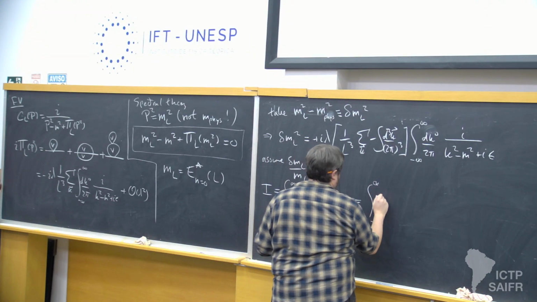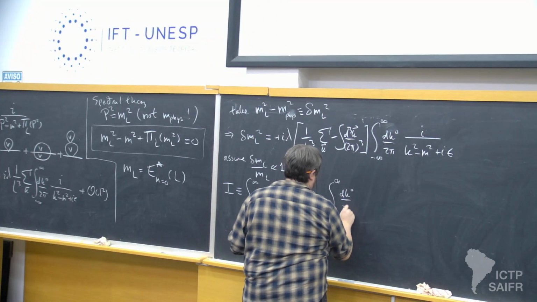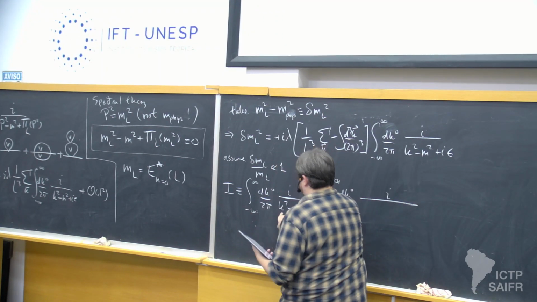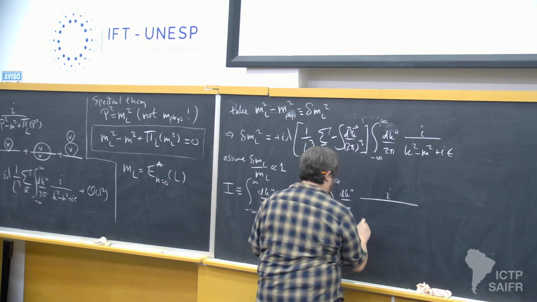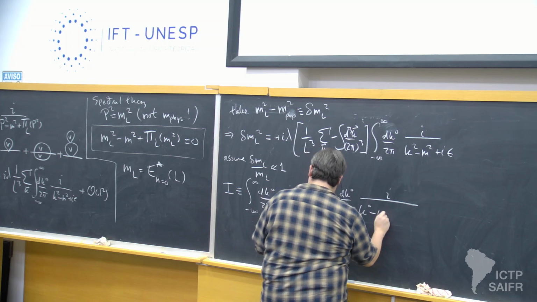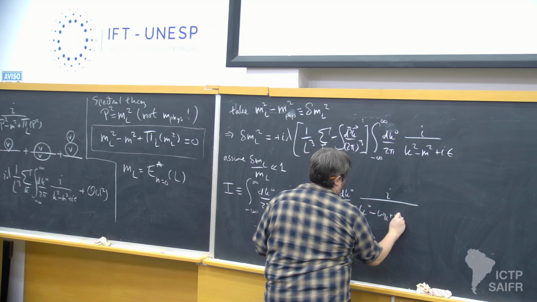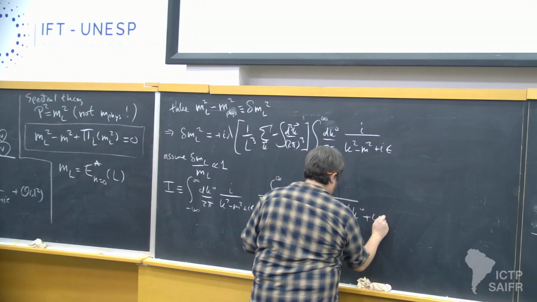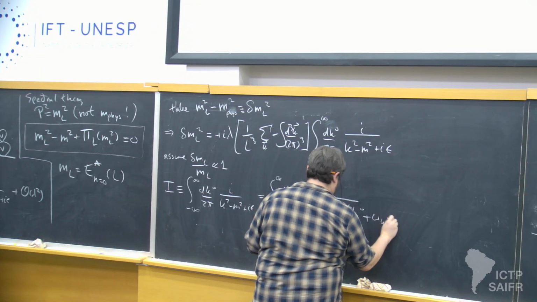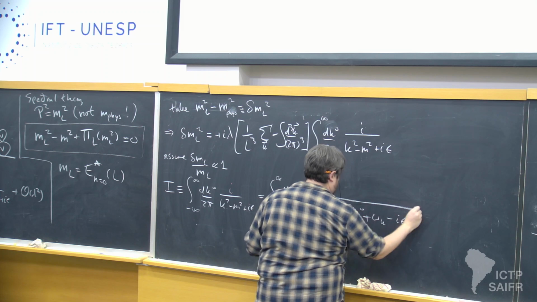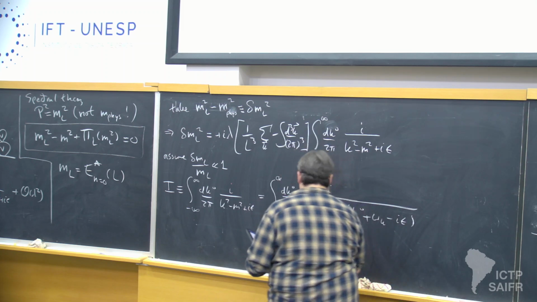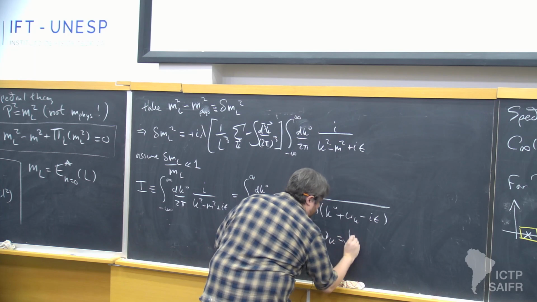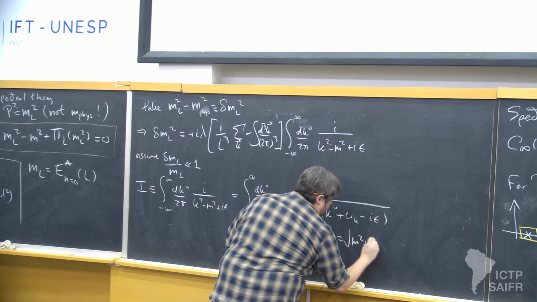So I can split up the denominator, and I'll leave you to verify this. This is quadratic in k squared, and I want to write it in terms of k naught. So k naught minus omega k plus i epsilon, k naught plus omega k minus i epsilon, where omega k is equal to the square root of m squared plus k vector squared.